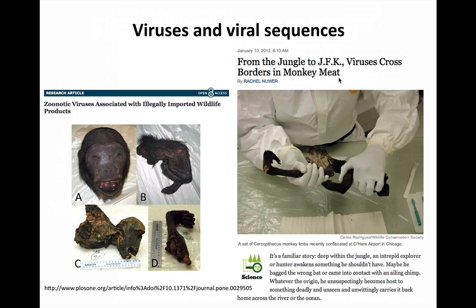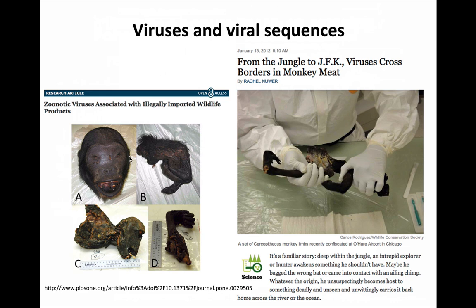What I want to caution you about, though, is confusing viruses with viral sequences. I've just told you how polymerase chain reaction, PCR, and deep sequencing can allow you to discover new viruses. But you can't simply say a virus is present if you have a part of its sequence. You have to actually find the virus.